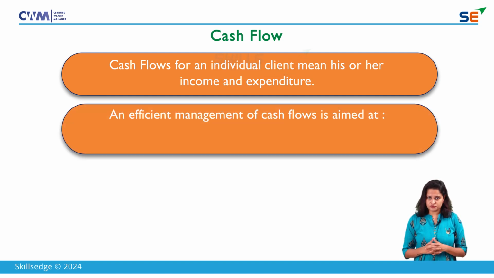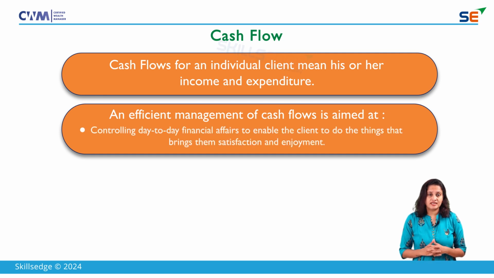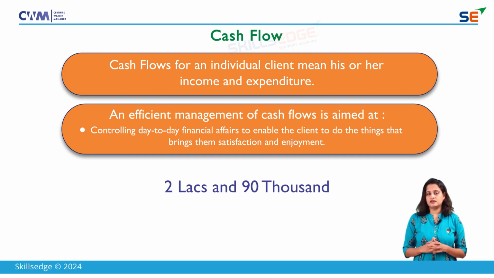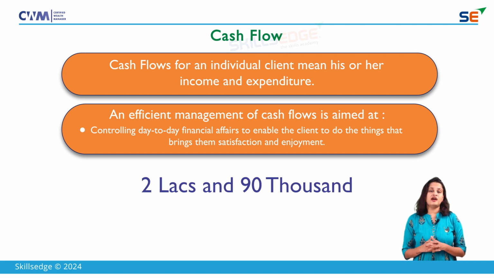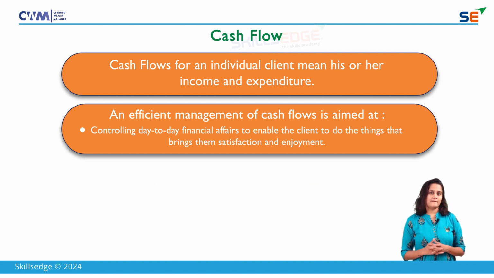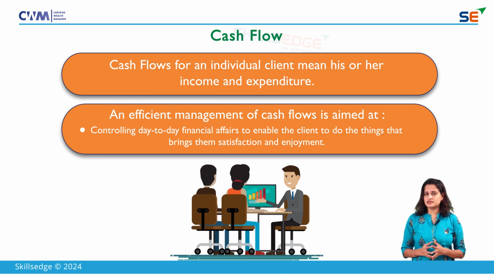Efficient management of cash flow is aimed at controlling the day-to-day financial affairs, which would enable the client to carry out activities that bring them satisfaction and enjoyment. In the previous example, we saw that the client was spending around 2,90,000 on lifestyle expenses. You can advise the client that he can curtail a few expenses which would increase the net surplus and thus help in achieving his goals.